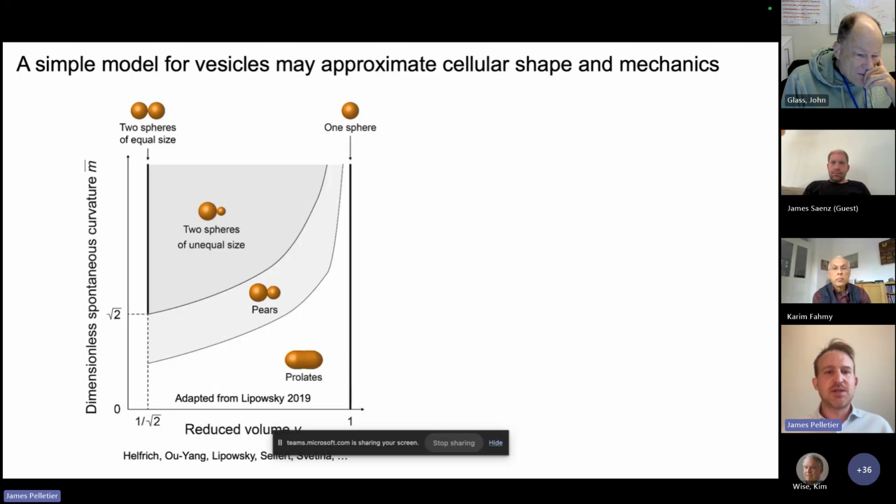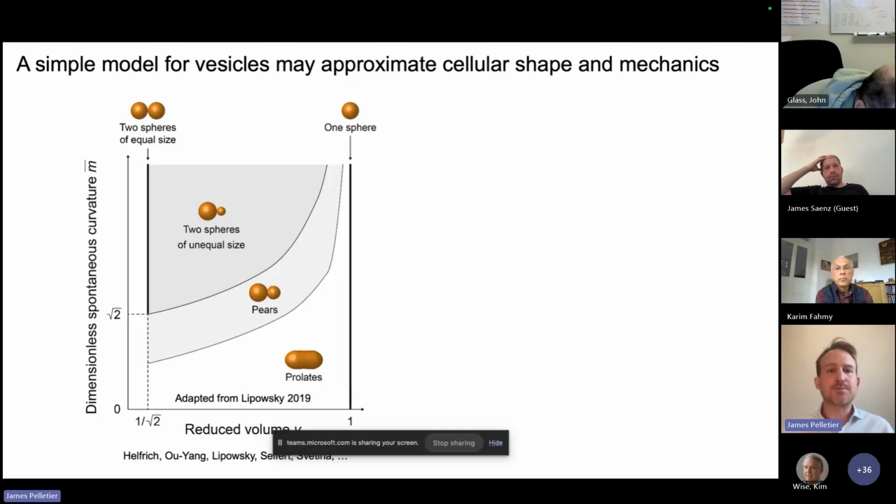And there's a language of membrane physics that can predict the shapes of vesicles that have a fluid membrane. So this is theoretical work that has a history of decades, with major contributors including Wolfgang Helfrich, Ou-Yang Zhong-can, Reinhard Lipowsky, Udo Seifert, Sasa Svetina, and others. The key point here is this is a phase diagram that has 2 inputs.